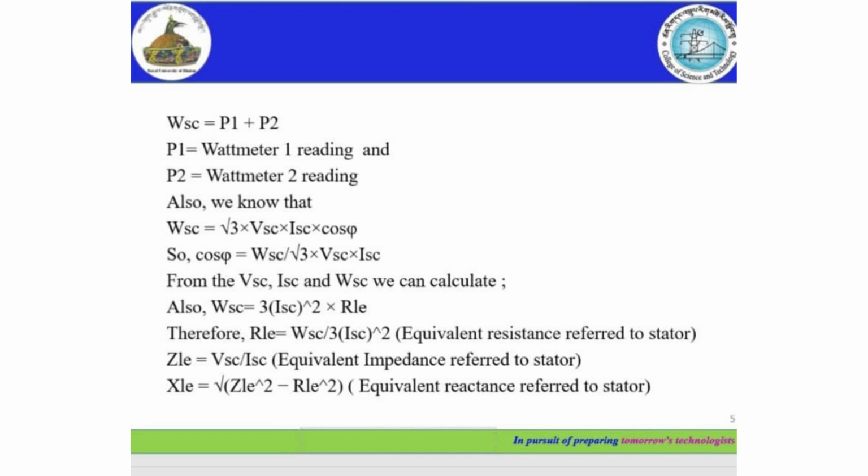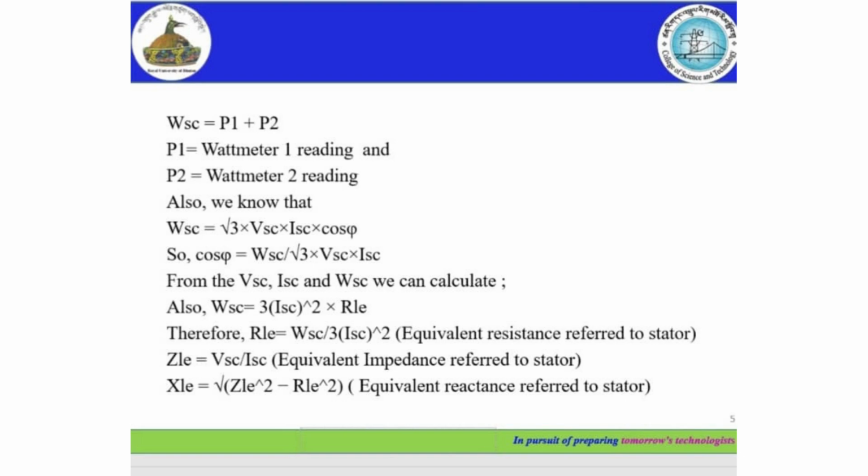Therefore, from the VSC, which is short circuit voltage, ISC, which is the short circuit current, and the WSC, which is the wattmeter reading, from that we can calculate the equivalent resistance referred to the stator, which is RLE, which is given by the WSC divided by 3 times ISC whole square.